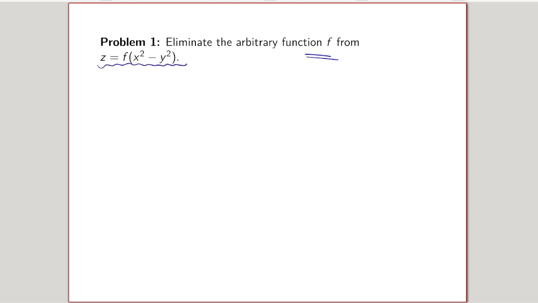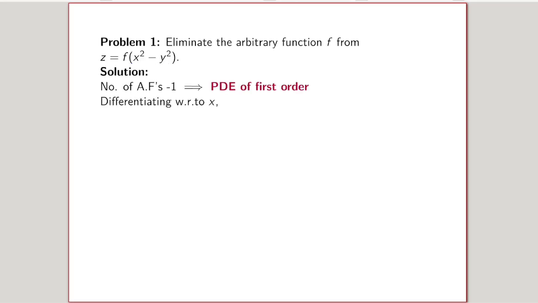From this equation, we can clearly see that there is only one arbitrary function, which is f. Since the number of arbitrary functions is 1, we will be obtaining a PDE of first order. Now the first step in this question is we have to differentiate the given relation with respect to x.